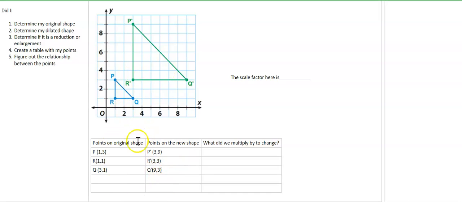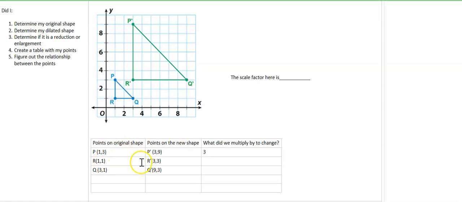So I want to look at my relationship here. What is happening between P and P prime? Well, if I look, 1 times 3 is equal to 3, and 3 times 3 is equal to 9. So what we multiplied by was 3. And I want to see if that's true for our other points.